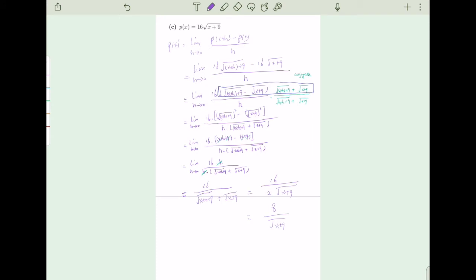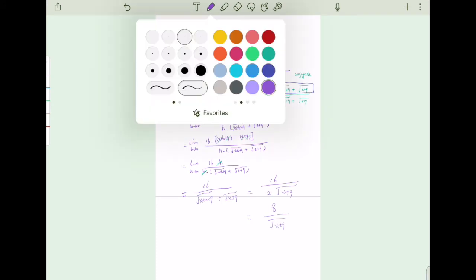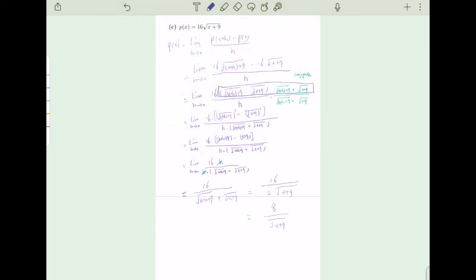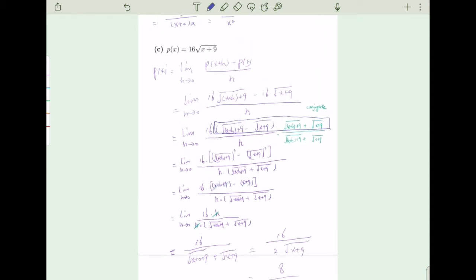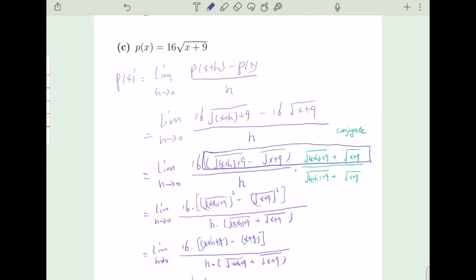Okay. And we can also use the rule to verify our answer. Firstly, this one can be written as 16 times... Well, it requires something called the chain rule.